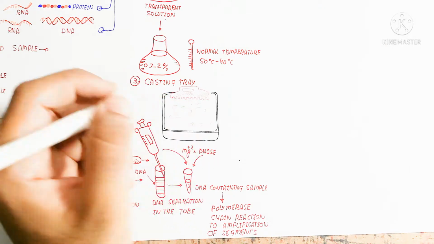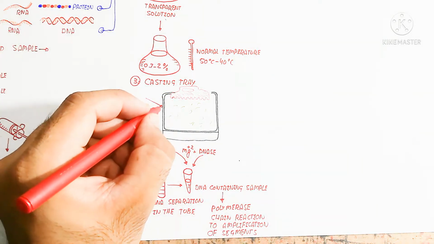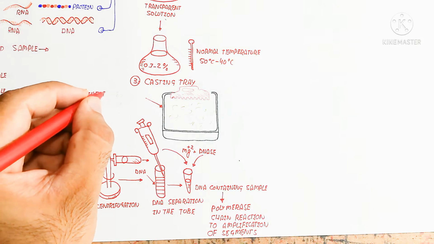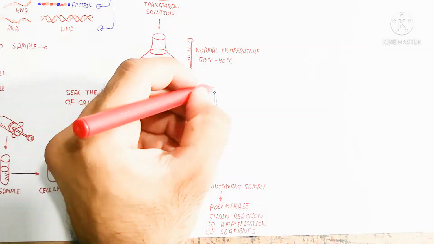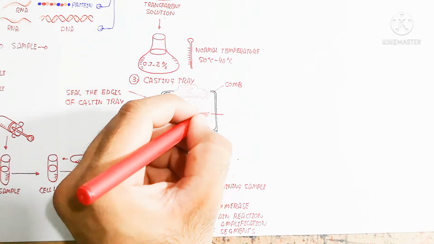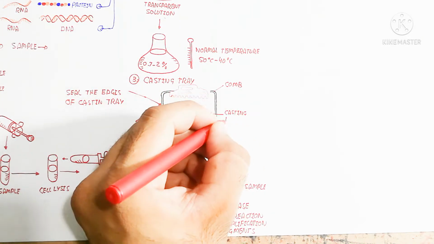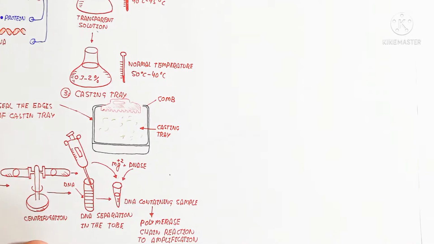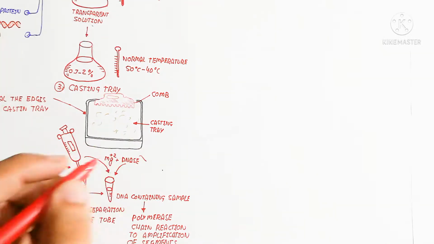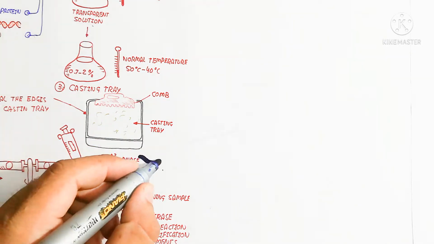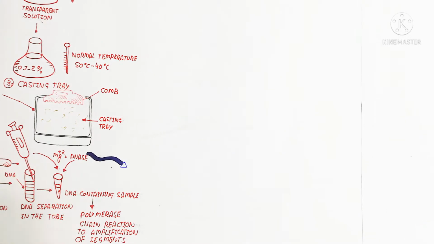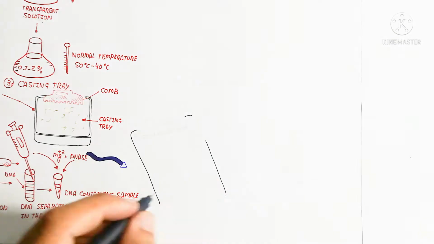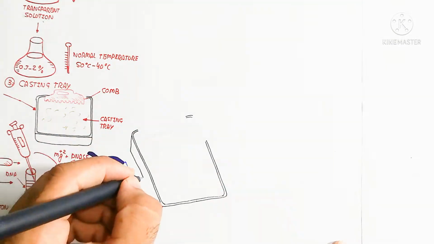This we then put into the casting tray, which is the third step. Into the casting tray we first put the comb, and next we pour the agarose gel into the casting tray.